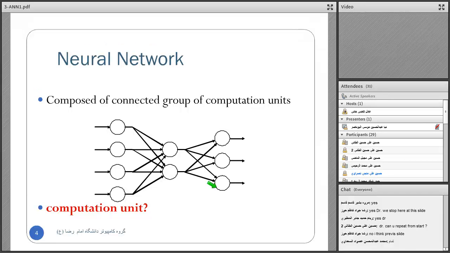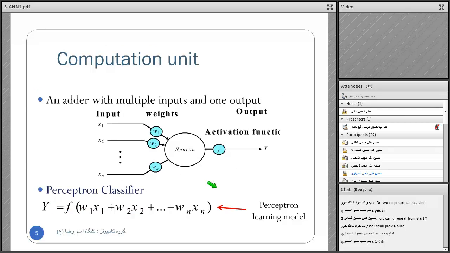Okay, this is the computation unit of each of the nodes in the neural network.